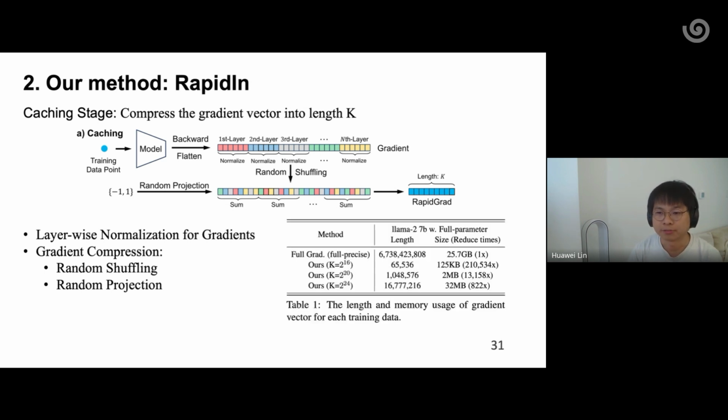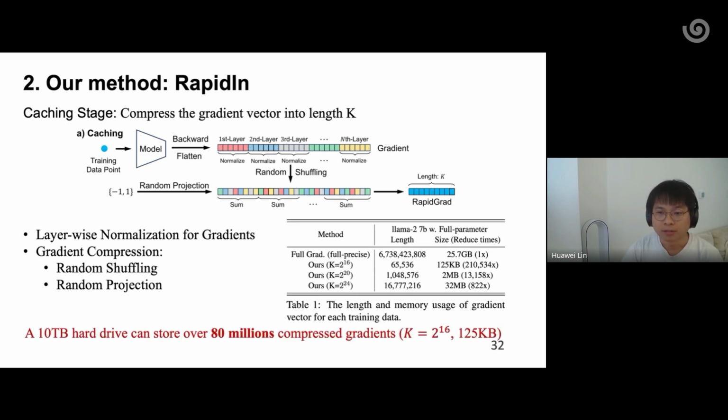As shown in this table, for Llama 2 7 billion with full parameters, we compress the vector from about 26 gigabytes to 125 terabytes at k equal to 2 to the power of 16. So now a 10 terabyte hard drive can store over 80 million compressed gradients.